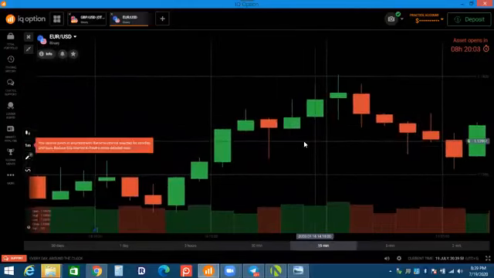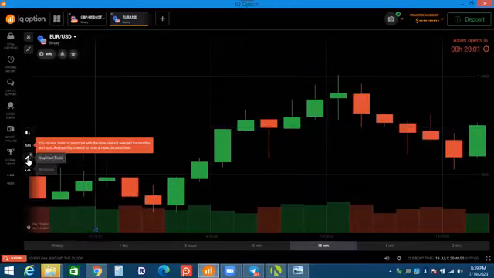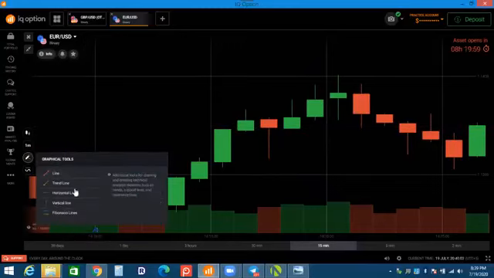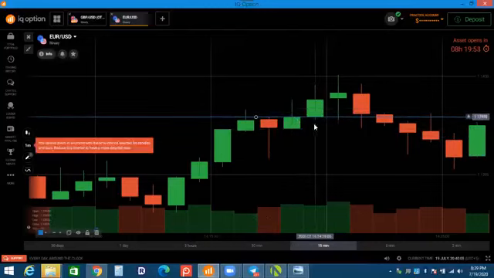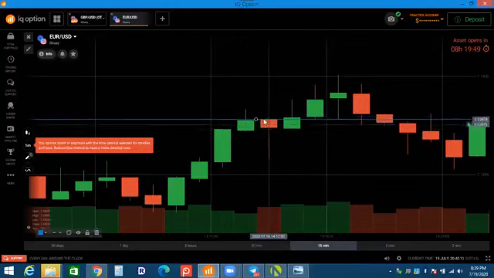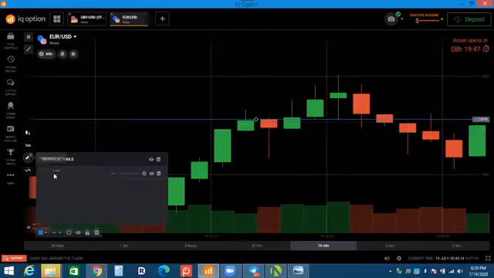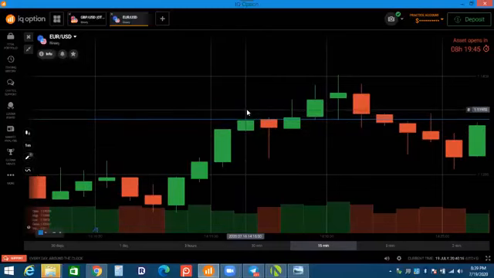So here, the resistance line on the inverted hammer. This shows the color change here, and the upper wick is acting as a resistance level. So this is a resistance and this is a resistance.